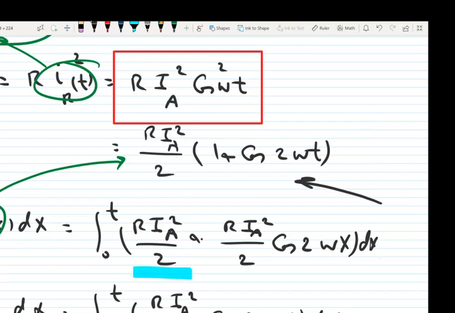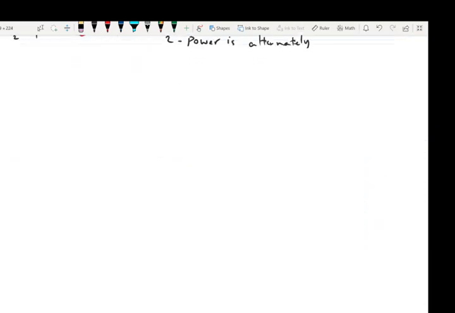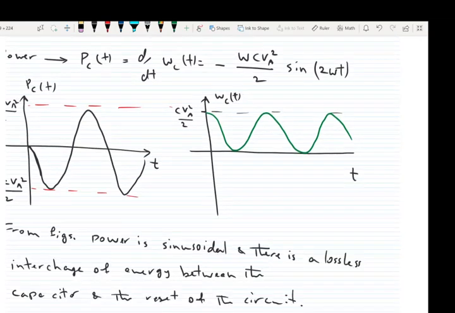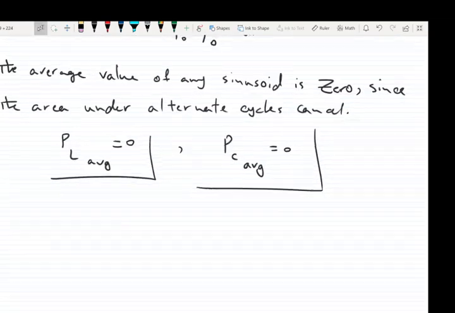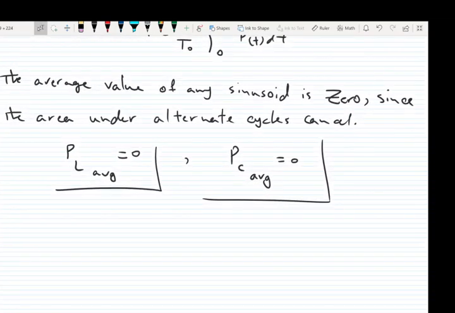Let's go back to our calculations and see what is the average power for the resistor.